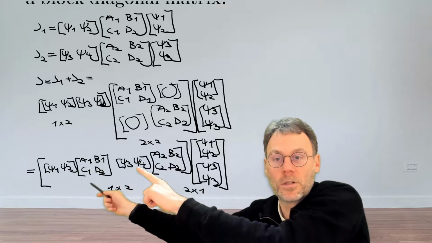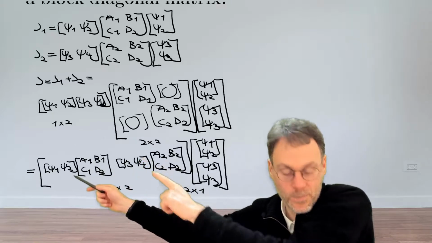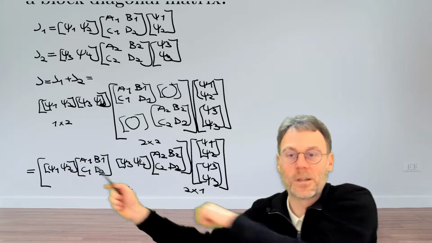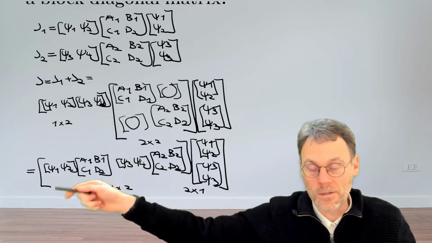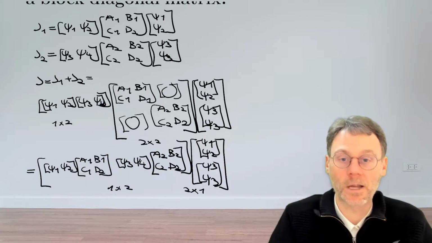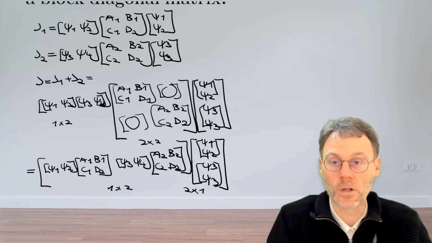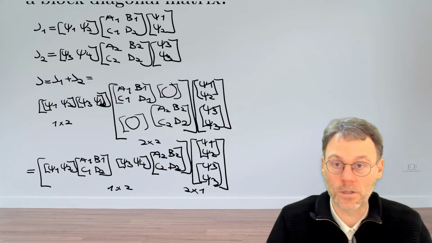My arm is a bit too short, but you have then psi1 A1 also plus psi2 C1. So you can easily verify that column by column. This gives you exactly the same result. So this is how you can write the total energy then as a block diagonal matrix.